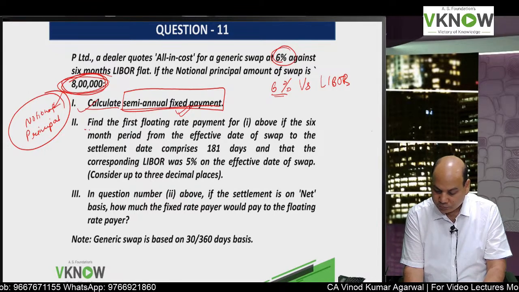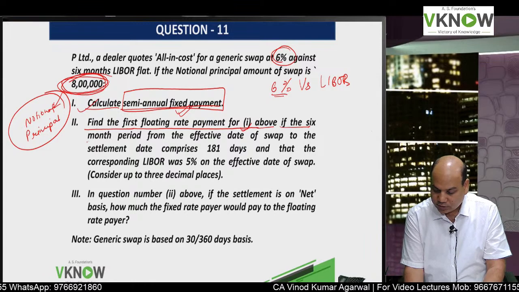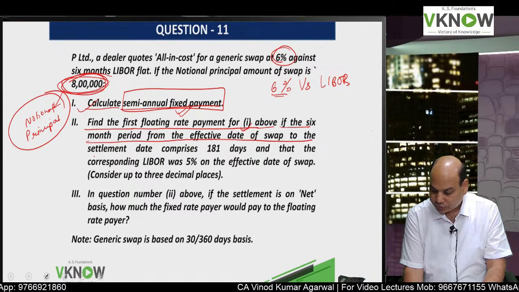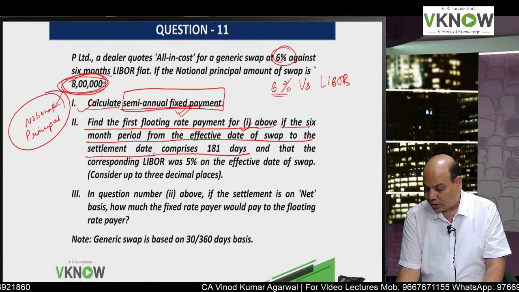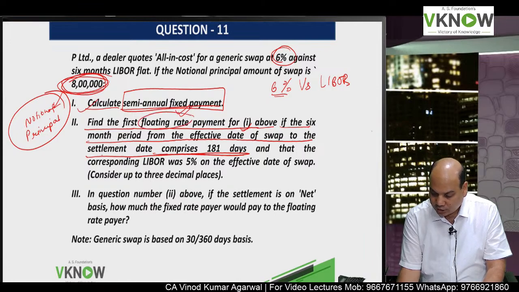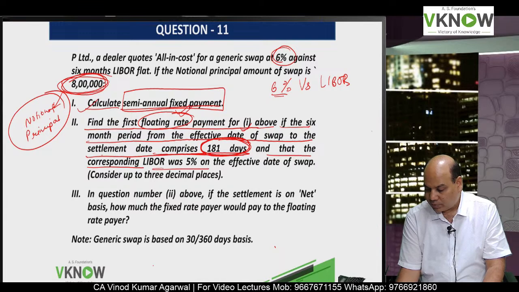Next point, find the first floating rate payment for the above if the 6-month period from the effective date of swap to the settlement date comprises 181 days. So when you are calculating floating rate payment, it is based on actual number of days and the corresponding LIBOR was 5%.